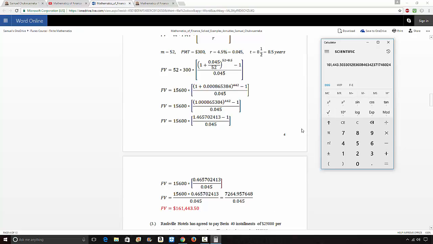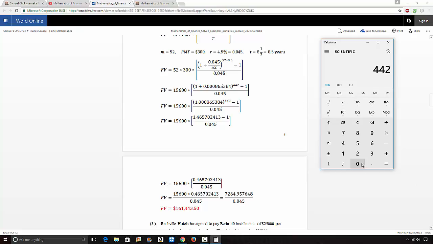So if you want me to do it again, I can do it again. I'll clear entries and I'll clear the memory. So I did 52 times 8.5 equal to, I save this in the memory.